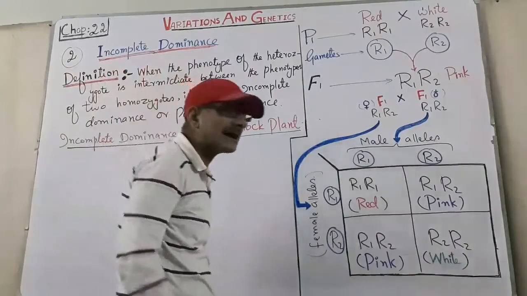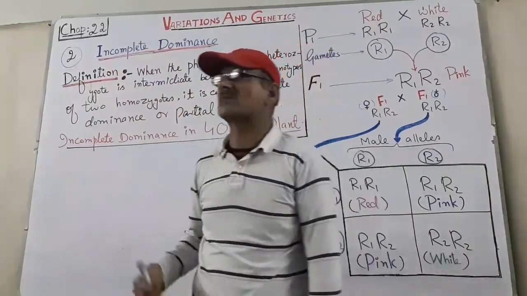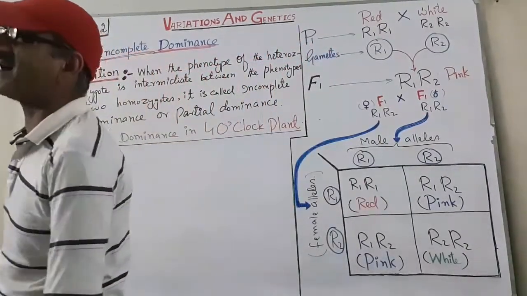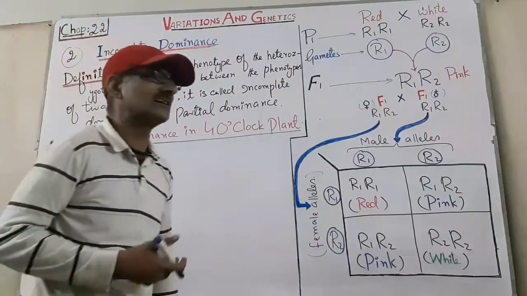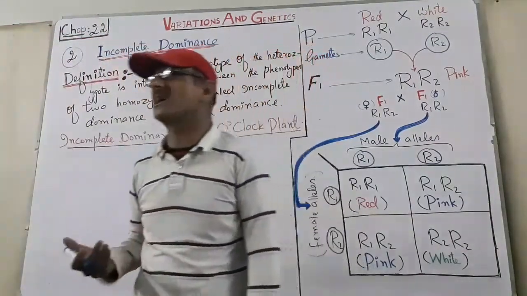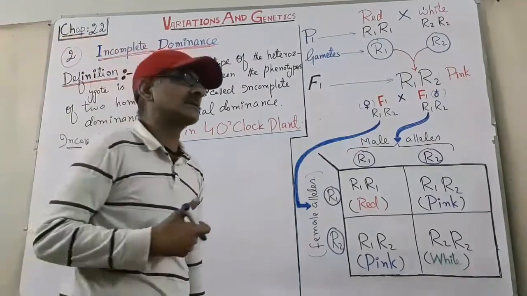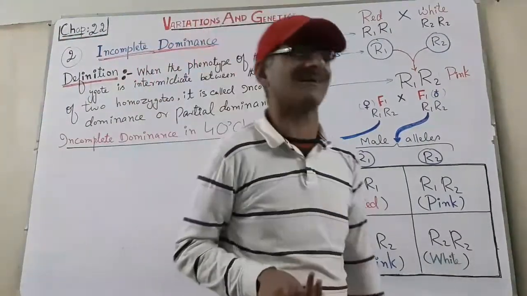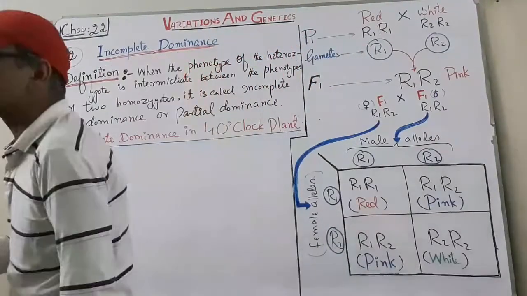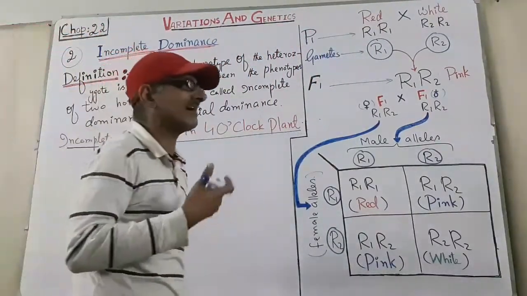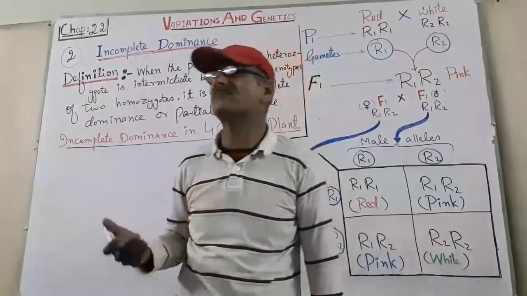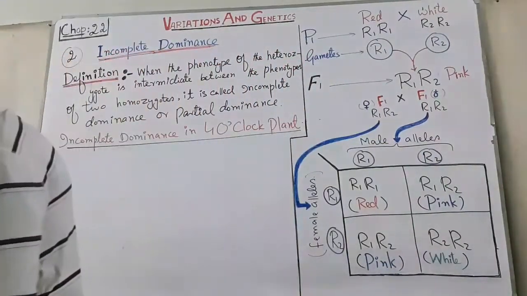In 1899, a scientist named Carl Correns was working with a flowering plant which is called the four o'clock plant. He crossed the red flowered plants with the white flowered plants.